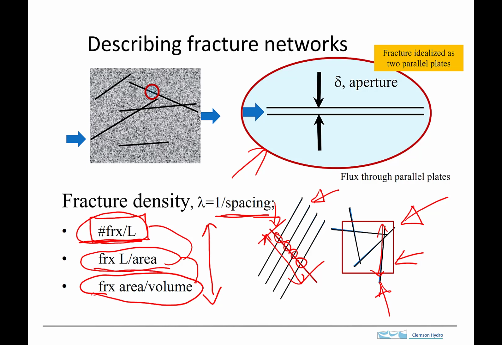The fracture length per area has units of length per area, so that's got units of 1 over length. And fracture area is length squared per length cubed, so that also has basic units of 1 over length. So the fracture density will be thought of in that way.